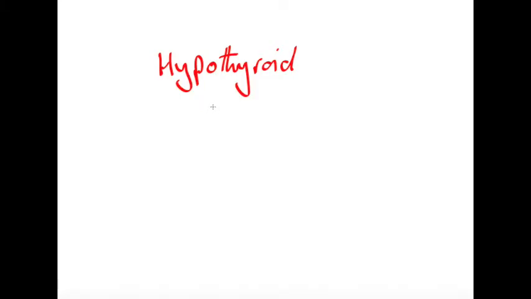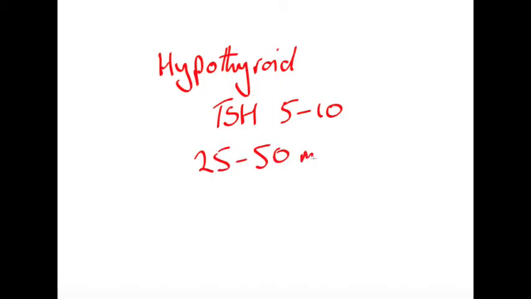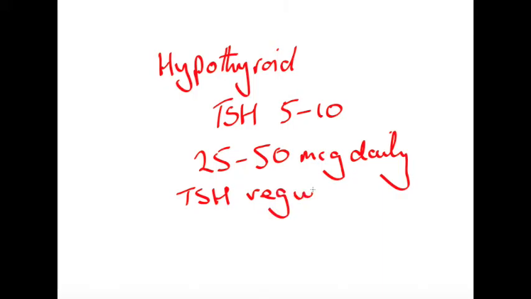So the subclinical hypothyroidism is where they have a TSH of between 5 and 10. Treatment needs to be started at a level of 25 to 50 micrograms daily. And we need to regularly check TSH levels.